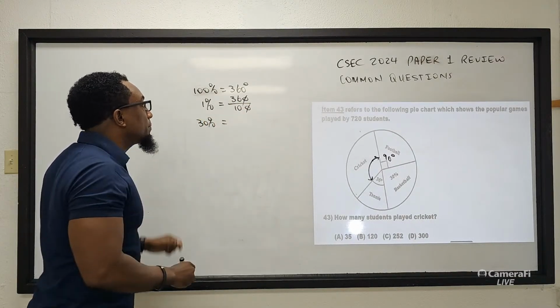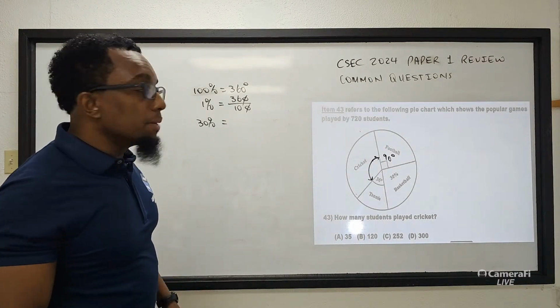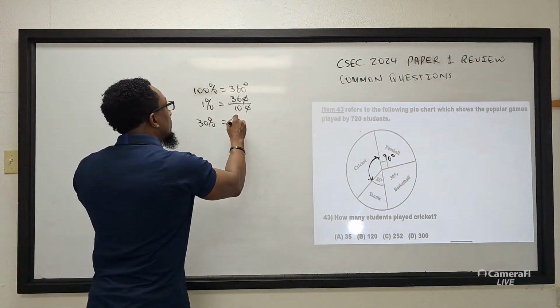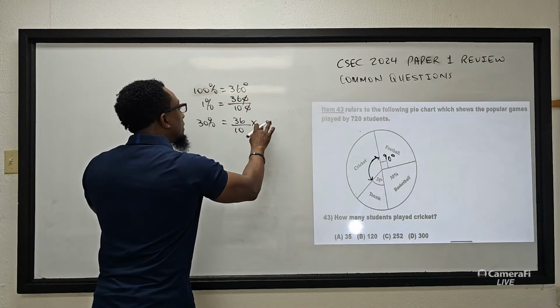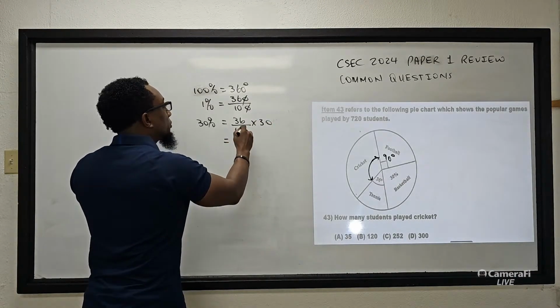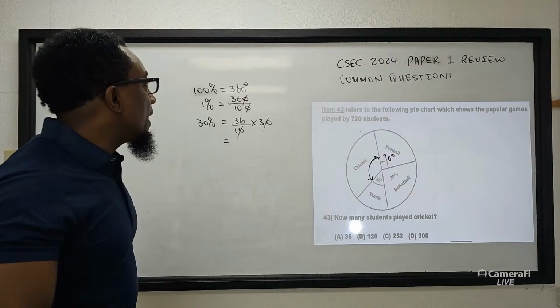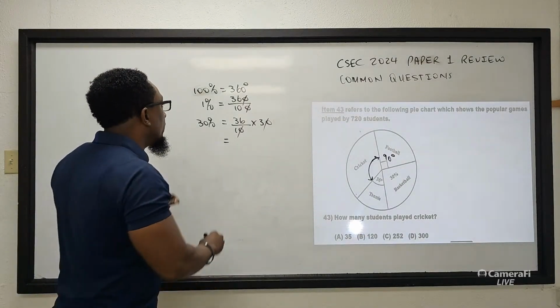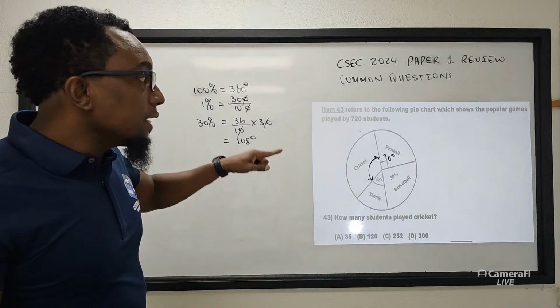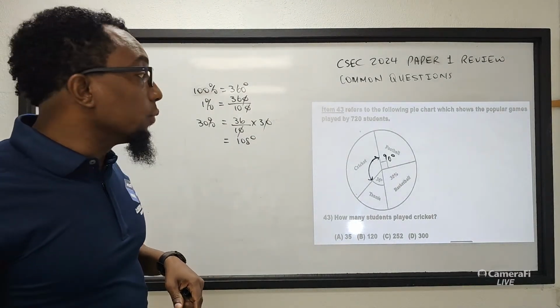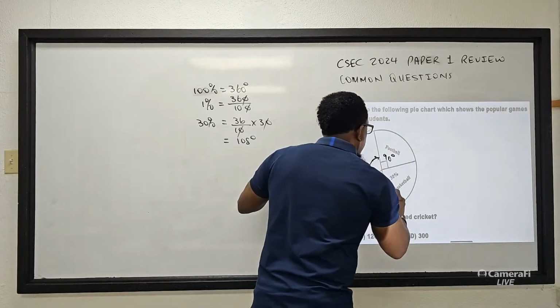Once I know what 1% is equal to, what is 30% in degrees? That will be 36 all over 10 times 30, and 3 by 36 will give me 108 degrees. So your 30% is the same as 108 degrees. This is 108 degrees here.